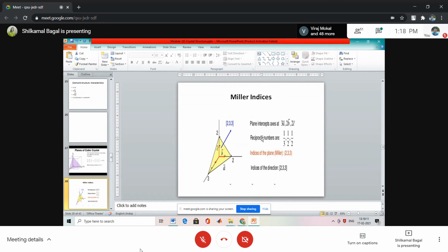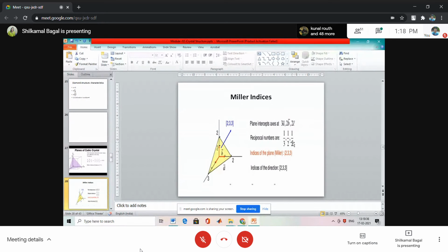So Miller indices are nothing but indices of the crystal plane. Crystal planes are nothing but the planes passing through lattice points of the crystal. And how are these indices given? By converting reciprocals of the intercepts into integers. These indices are nothing but integers. Which integers?